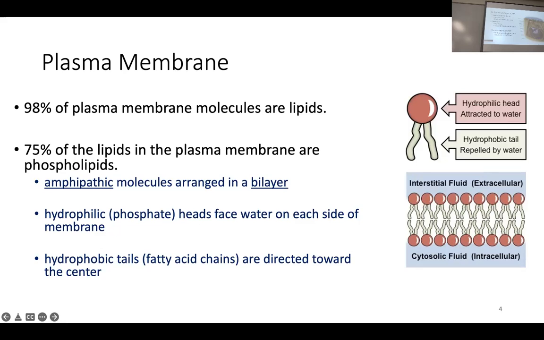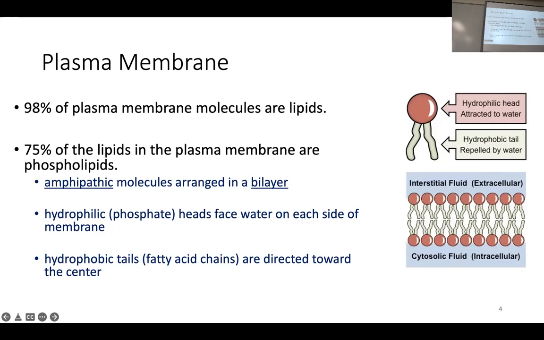We're going to start with the plasma membrane. Most of the molecules in the plasma membrane are those phospholipids that we talked about on Monday. These are really interesting, unique lipids that have a head and then two tails.